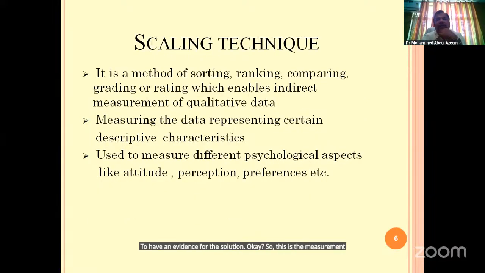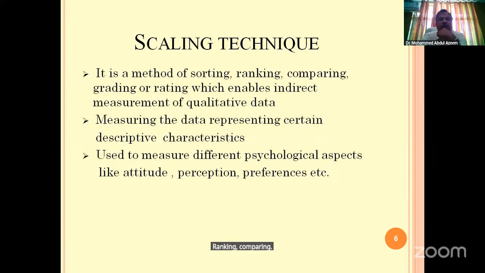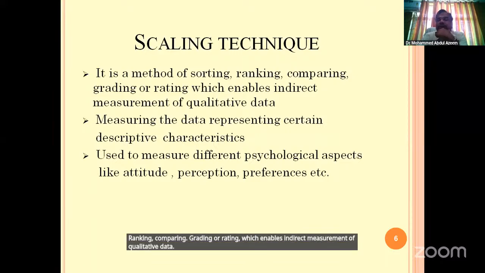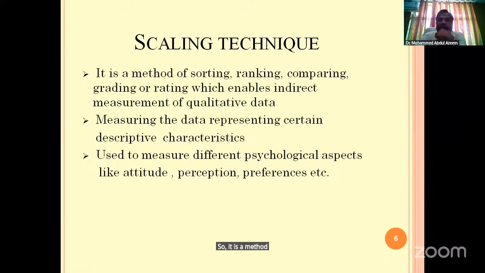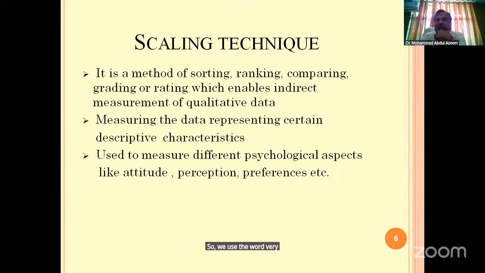So scaling technique is a method of sorting, ranking, comparing, grading or rating which enables indirect measurement of qualitative data. So we use the words very good, excellent, good, bad, very bad.